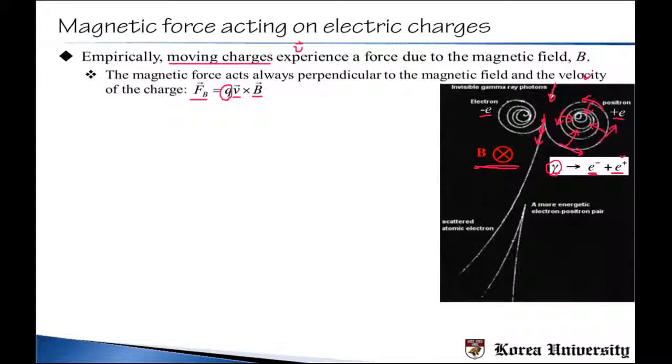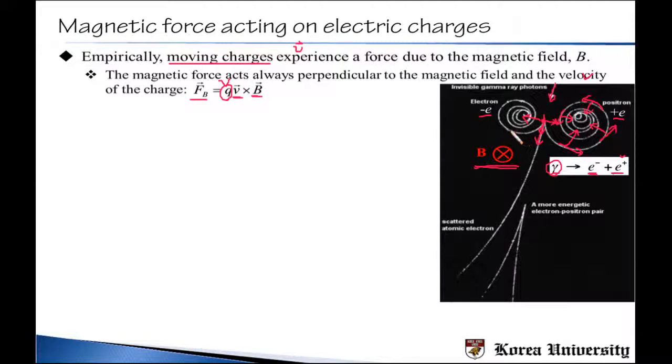And how about electrons? Well, electron is just like having a negative charge here. So therefore, naturally, for the same velocity and same magnetic field, the direction of the magnetic force will be opposite. So originally, for the positron, the magnetic force vector was along this direction, but now for electrons, the direction of the magnetic force will be like this.